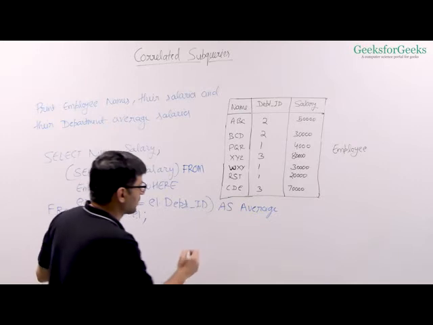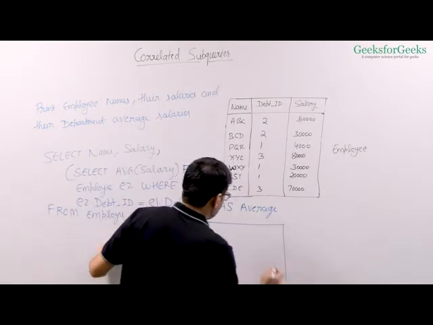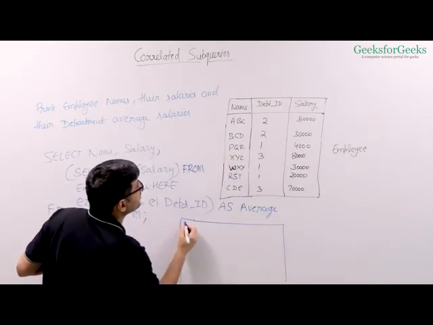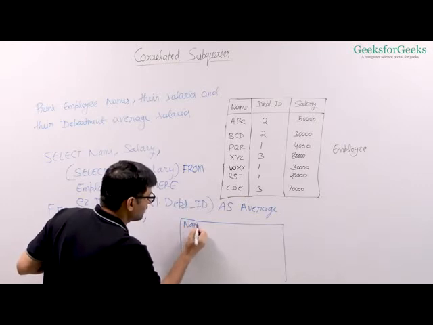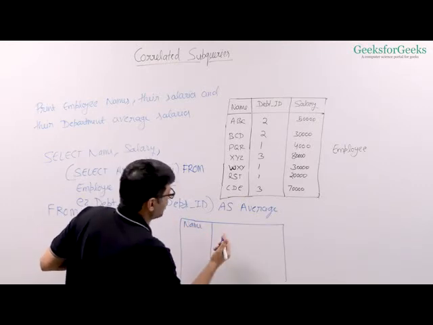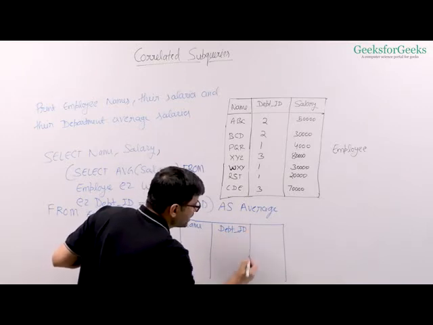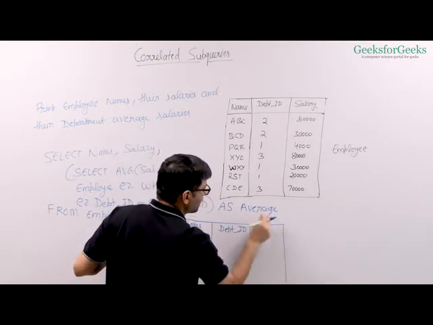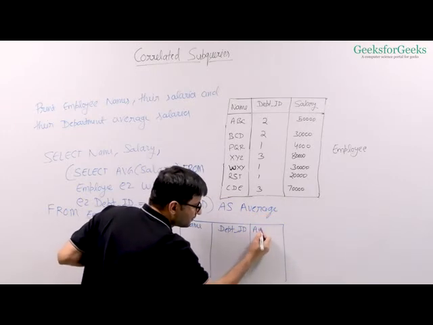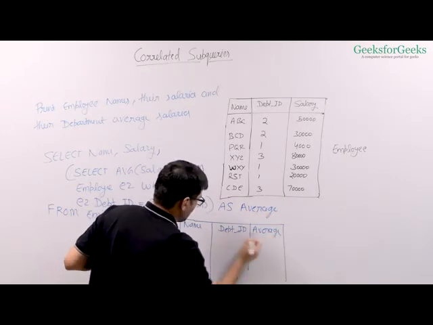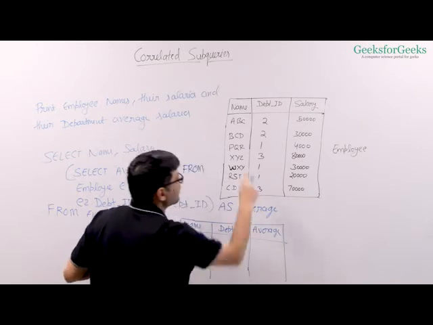So what will be the output of this query? You'll have 3 columns. First column will be name, second is going to be salary, and third one is going to be average, the name that we've given. And we'll have all 7 rows in this.